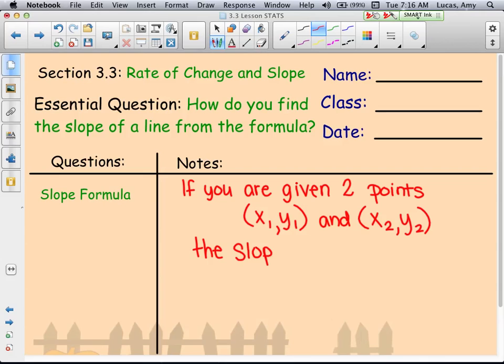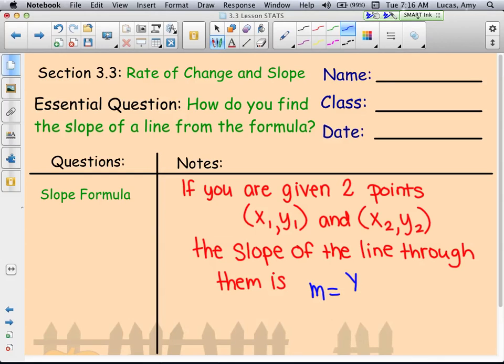So the slope of the line through them is m equals y2 minus y1 over x2 minus x1.